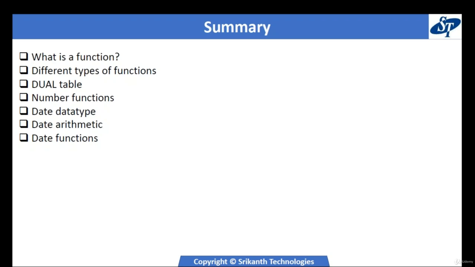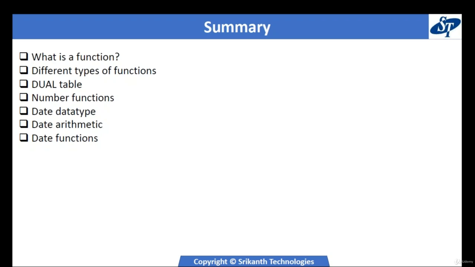Date data type contains not just the date but also the time. This is crucial. Date always contains date plus time. All calculations, all comparisons involve both date and time. So you have to be aware of that. Date arithmetic allows you to add a number to, or subtract a number from, a date, and also you can subtract a date from another date, and that will yield the number of days between those two.